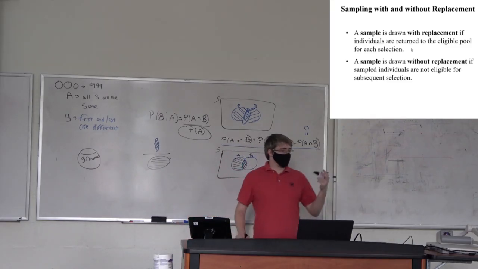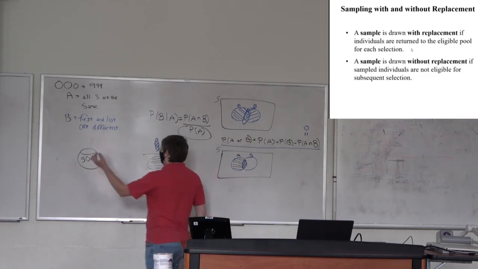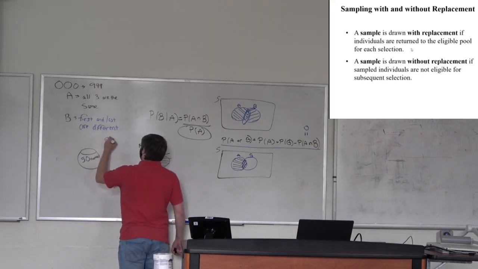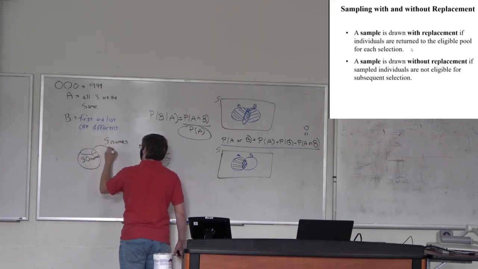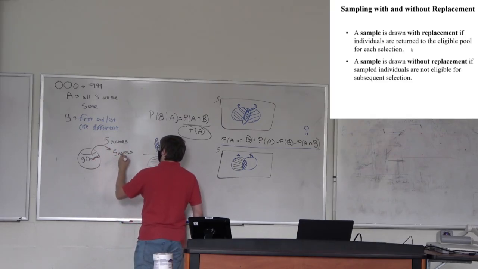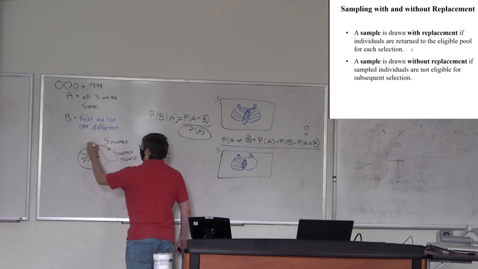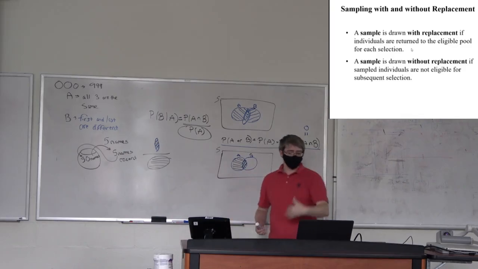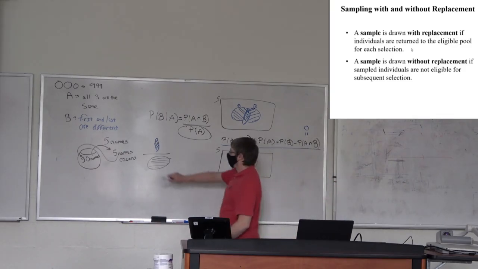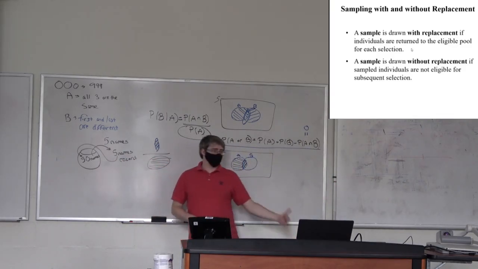And suppose it's the names in the classroom. If I draw with replacement, I'm saying I want to get 5 names out. So I take 5 names out, I record them, but then the 5 names go back in the fishbowl. And so when I'm sampling again afterward, I'm still having 50 names instead of 45.